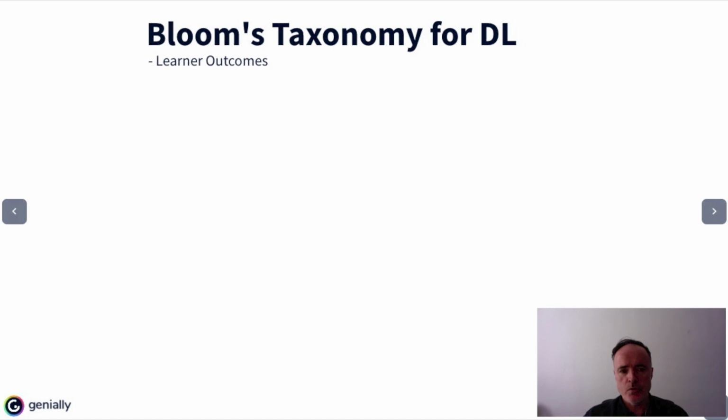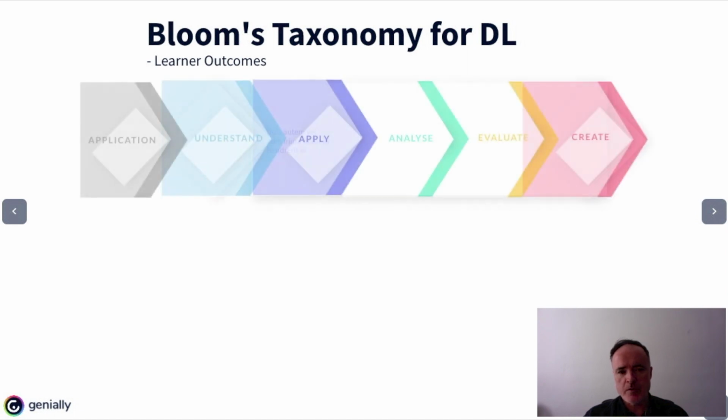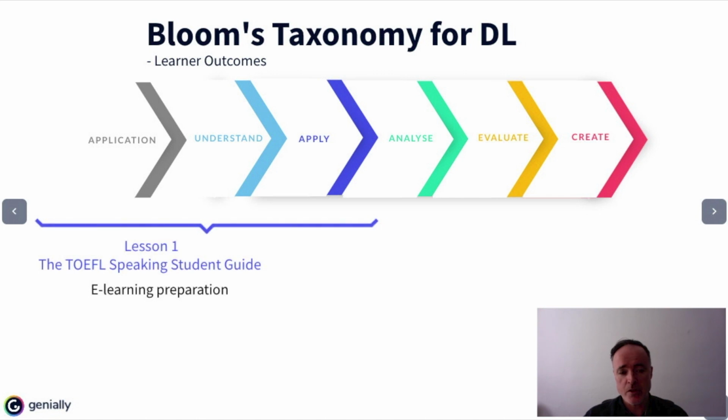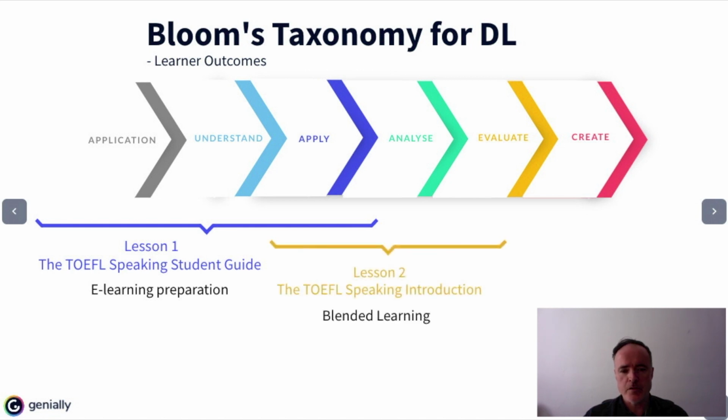Again, with Bloom's taxonomy for digital learning for learner outcomes, I divided these across the 3 lessons. Lesson 1 is the self-preparation, the self-study and practice document, so students can take their time to really learn about this and practice by themselves before they go into Lesson 2, which is the blended learning session with a teacher.